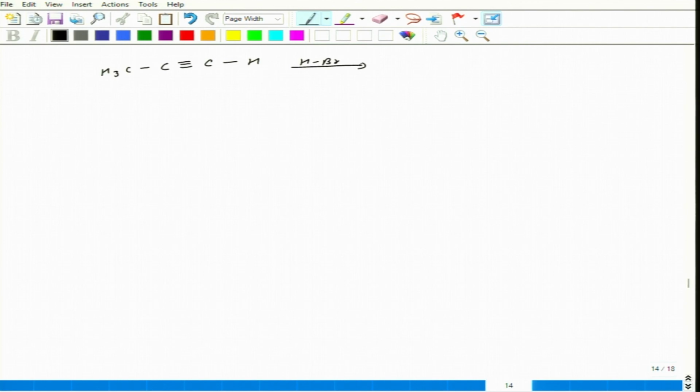Two paths are possible. In the first path, bromine will go here and it will form a negative charge here.